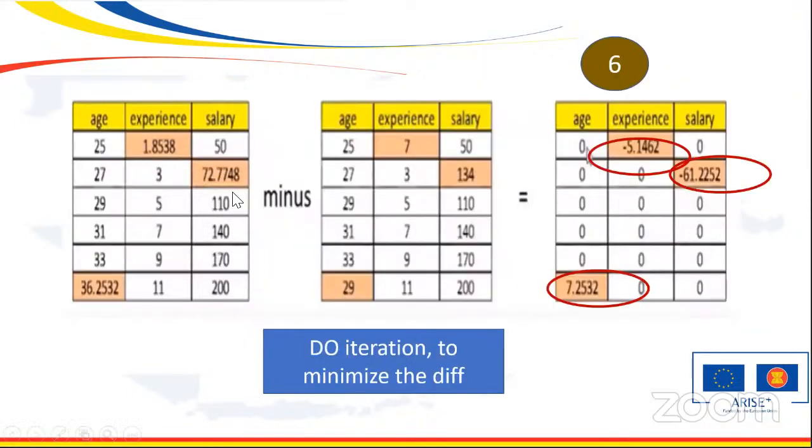Excuse me, Mr. Agus. Yes. I have some question. Yes, please. After we impute the value of missing data, in this slide we got numbers, for example in the age variable, 36.25.